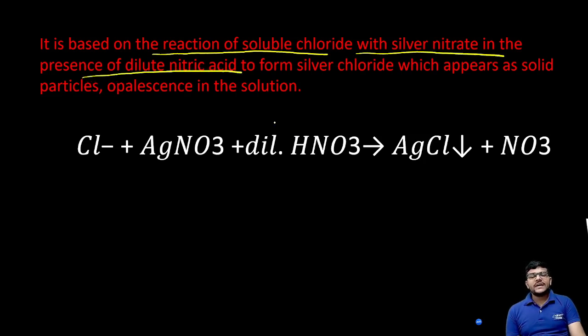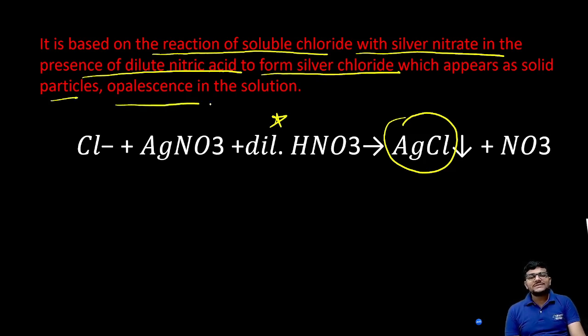In the presence of dilute nitric acid, we are adding 10 ml of it, to form AgCl. There is a precipitate formation of AgCl, which appears as solid particles or opalescence in the solution. Opalescence means there is a cloudy solution.